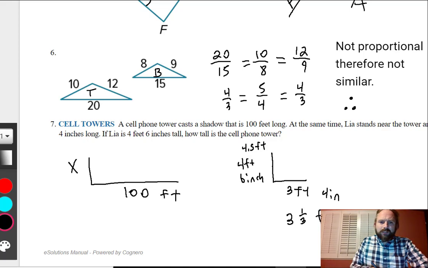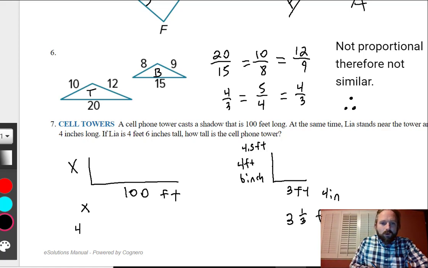I'm going to compare the top to the bottom. Let's put the variable on top because we like the variable on top, then we don't have to multiply, but we're still going to have to do it.